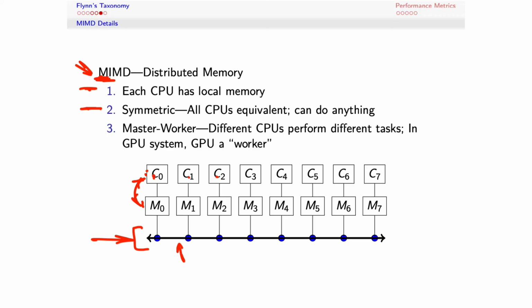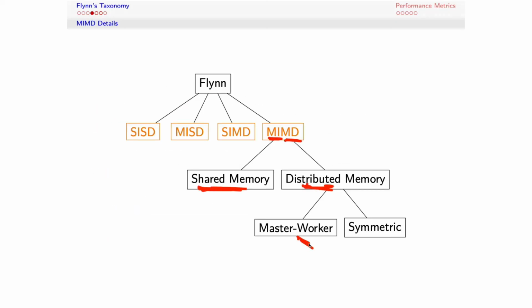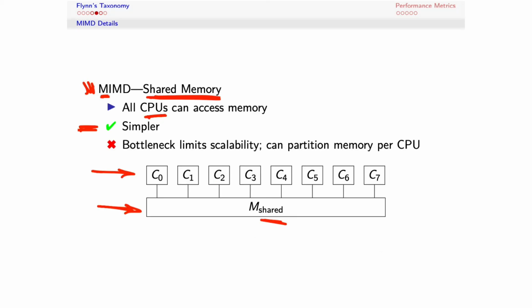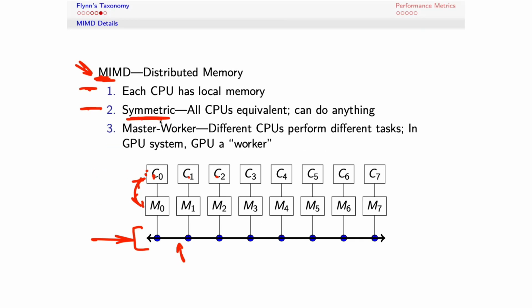Again, back to this picture, there are two ways of architecting software in the distributed memory case. One is this idea of a symmetric algorithm, where each CPU is pretty much doing the same kinds of calculations. There's no one processor that's in charge of everything else, which can become a bottleneck.